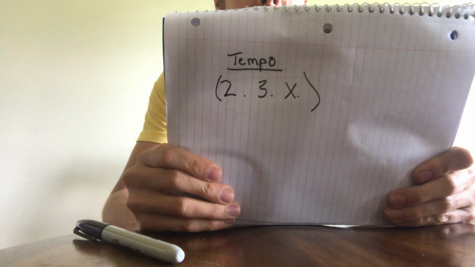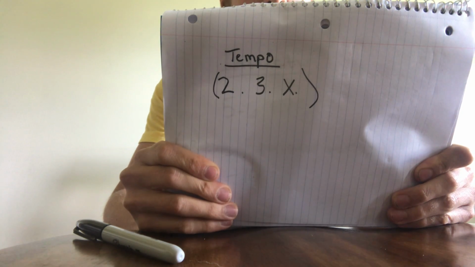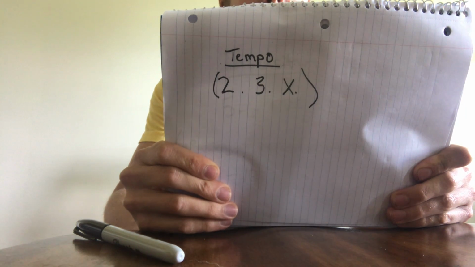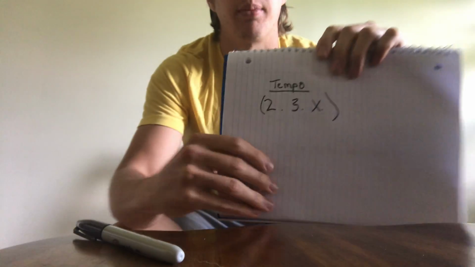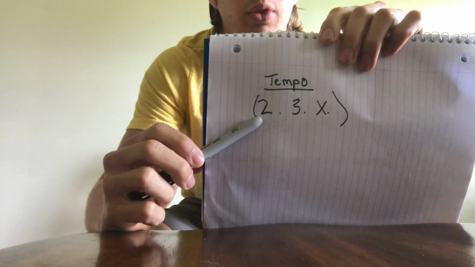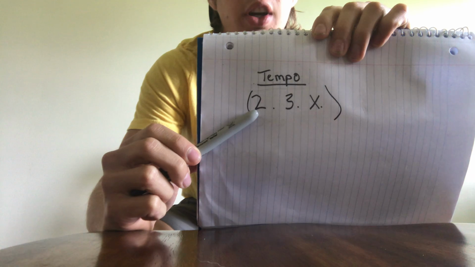Continuing on. Tempo. So I have a 2-3-X tempo for this exercise, right? A lot of coaches write their tempos a little different, okay, across the board. And the way that I write it, you'll usually see the first number will always refer to the first portion of the exercise. So it's going to be exercise dependent, guys, right?